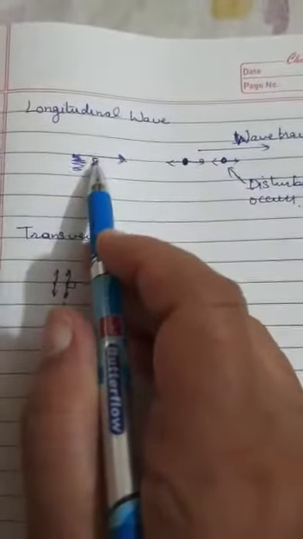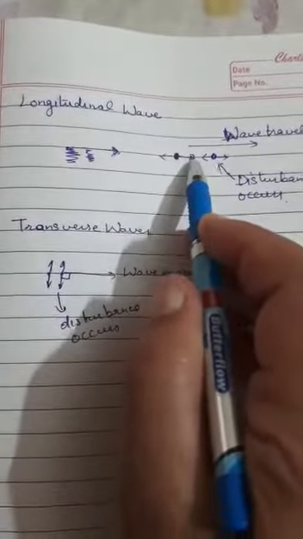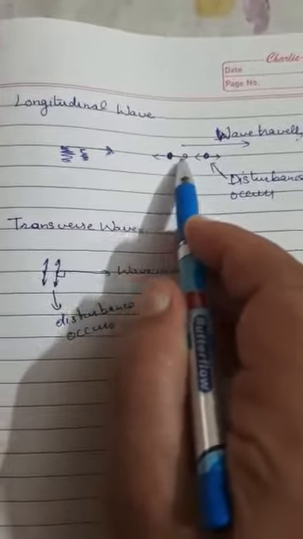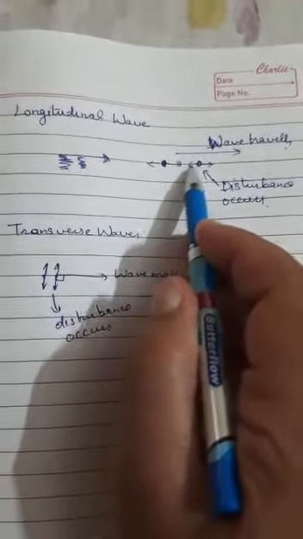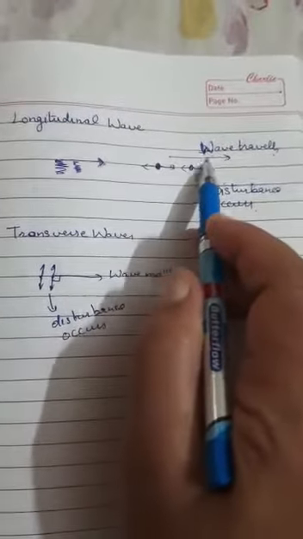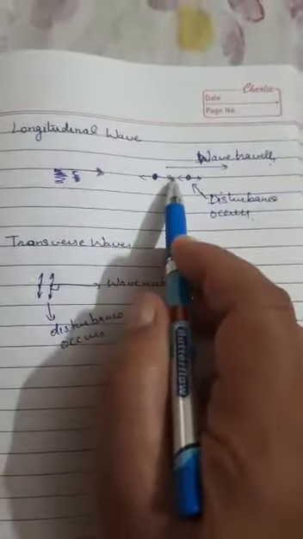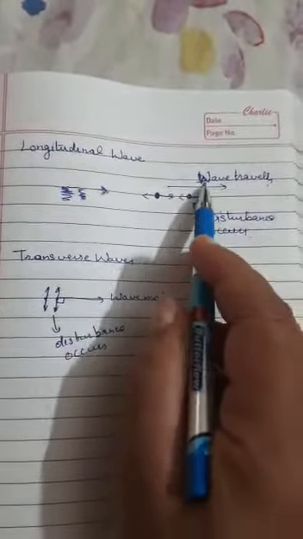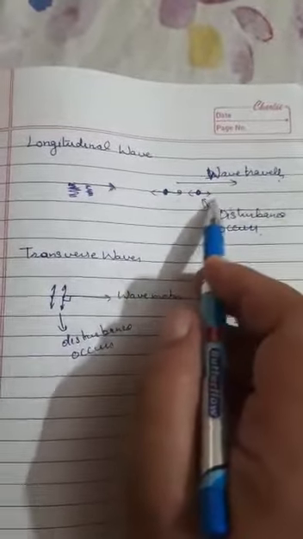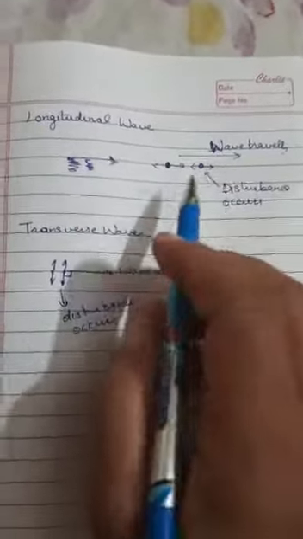See here, in the case of longitudinal waves, the particles have to-and-fro motion, means they are moving back and forth like this. The wave is also traveling in this direction. Then the disturbance produced in the particles is parallel to the direction of propagation of the wave.